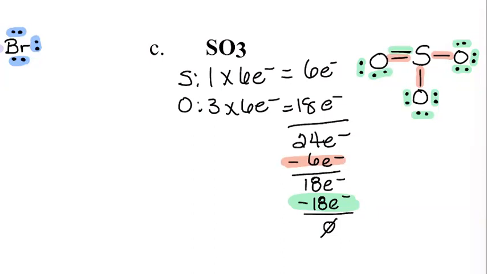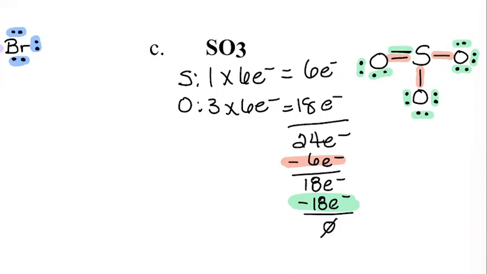So now, every single atom in SO3 has 8 electrons, and we have utilized the 24 electrons available for bonding. Any questions on letter C? I thought that sulfur needs 6 electrons. Why is it 8? Where did you see that sulfur needs 6 electrons?